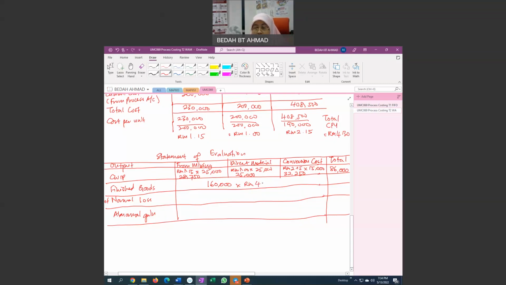So multiply by RM4.30, that will give 688,000.